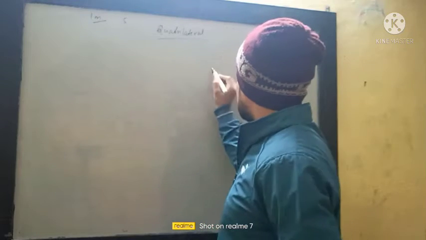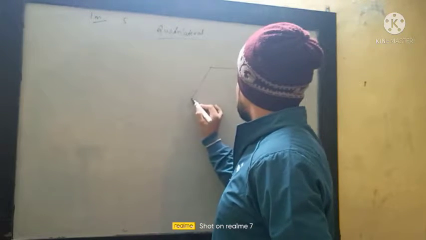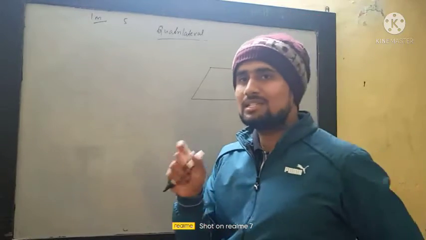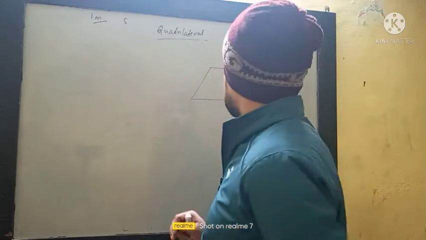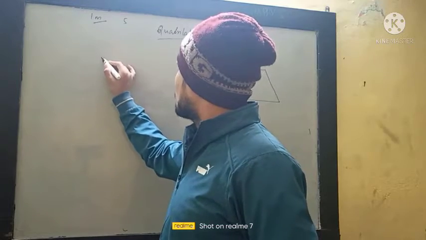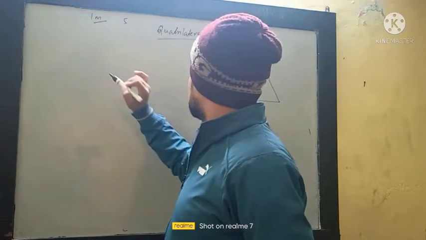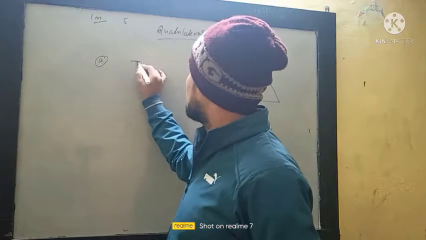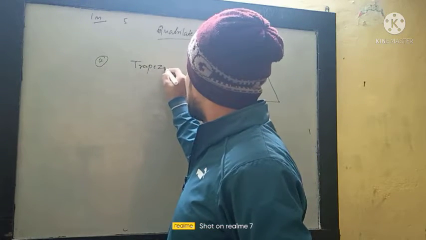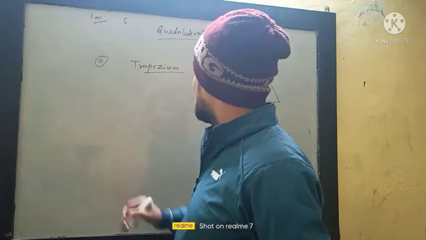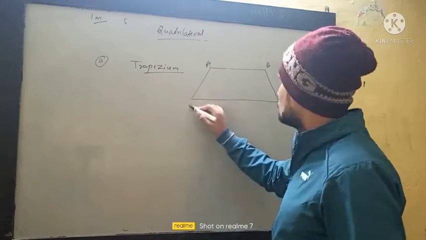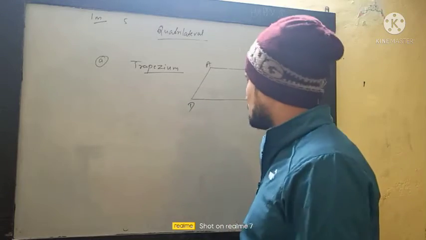A trapezium is a type of quadrilateral whose one pair of opposite sides is parallel, and only that, not anything else.